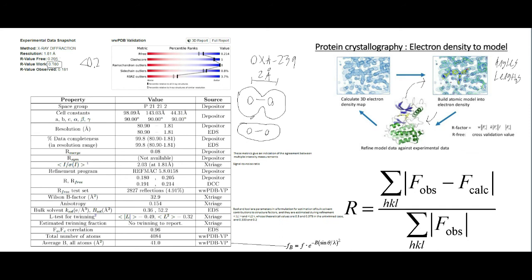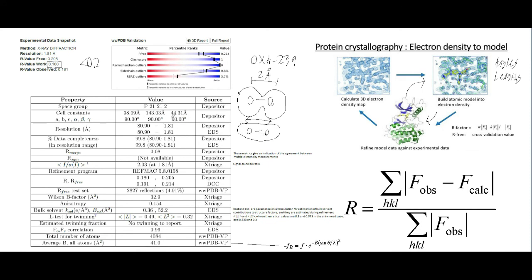Whereas here, the resolution would be larger than 2 angstroms, because you can't tell the difference between these two atoms that are 2 angstroms apart from each other.